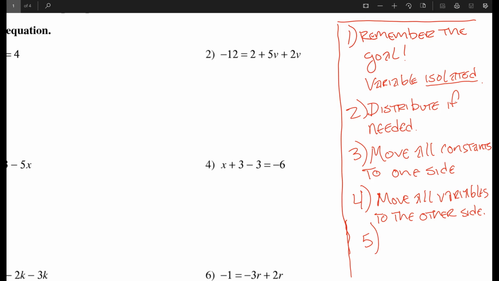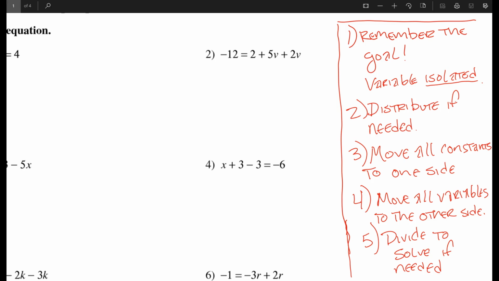And step 5, very simply, is divide to solve if needed. And you'll see what that means in just a second. There's one thing that I didn't put in here that I just want to make sure we know, and this is 100% my fault.